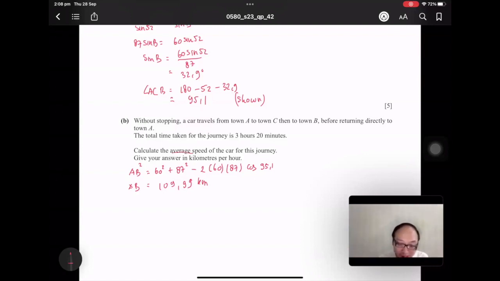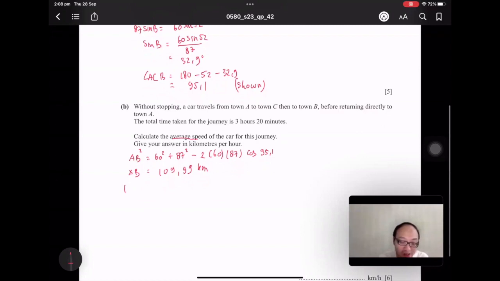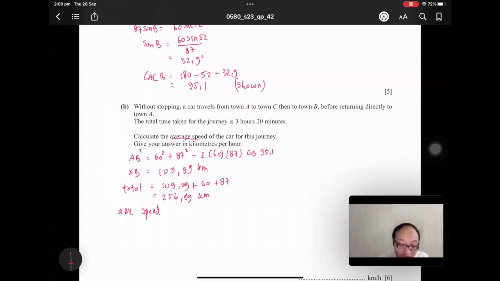To find the average speed, we have to find the total distance. So the total distance will be 109.99 plus 60 plus 87, which is 256.99 kilometers. And for the average speed, it will be 256.99 over 3 hours 20 minutes.